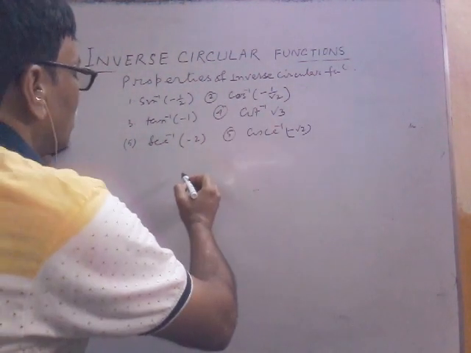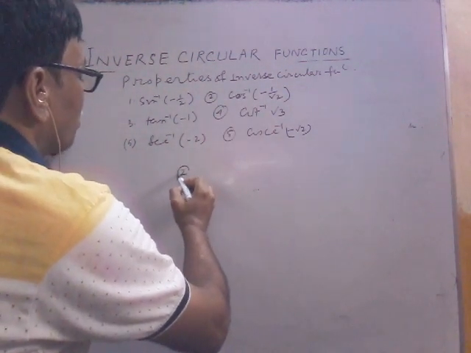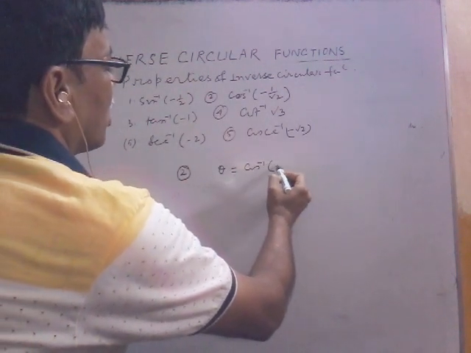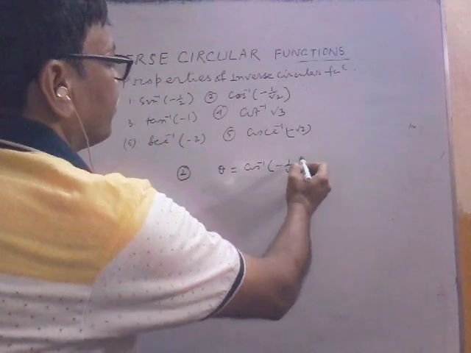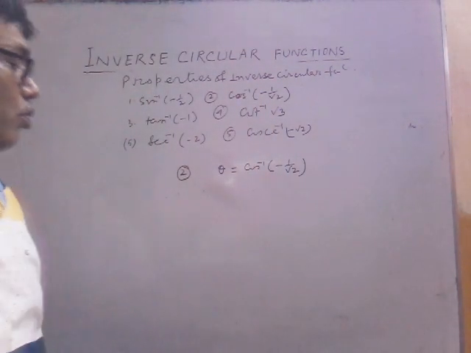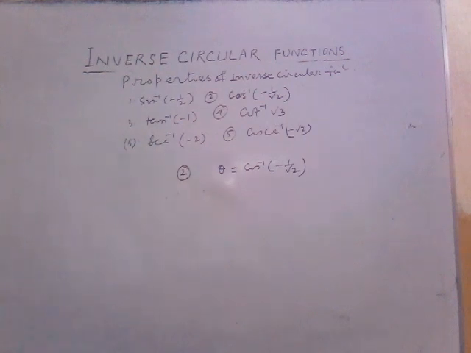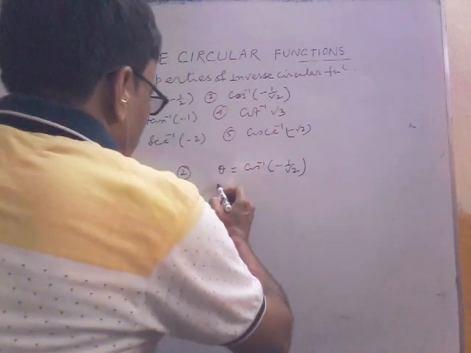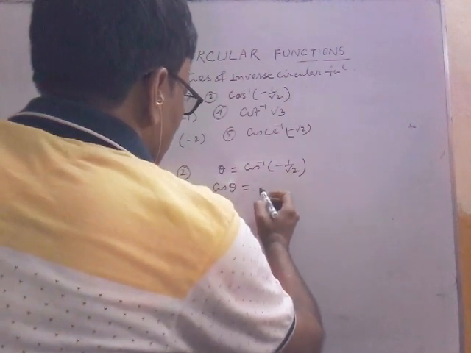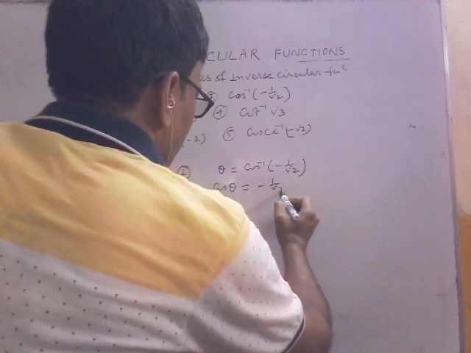So look, problem number 2. Theta equals cos inverse minus 1 by root 2. So what is cos theta? Cos theta equals minus 1 by root 2.